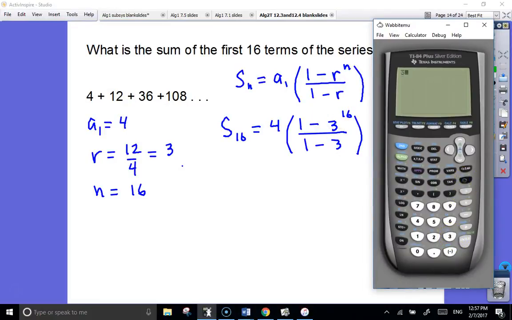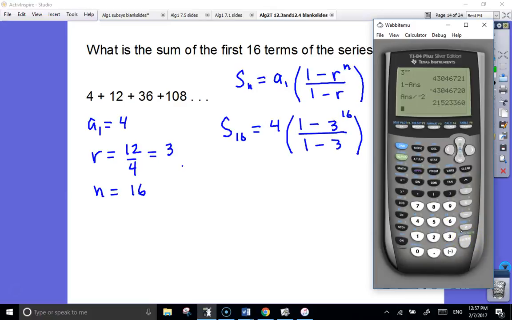3 hat 16. Enter. Now I need to make it 1 minus 3 to the 16th. So I'm going to go 1 minus, second negative sign, that's answer. It brings up the last thing that I got when I hit enter. So that'll be 1 minus 3 to the 16th. Now I've got to divide by 1 minus 3, which is negative 2. Divided by negative 2.